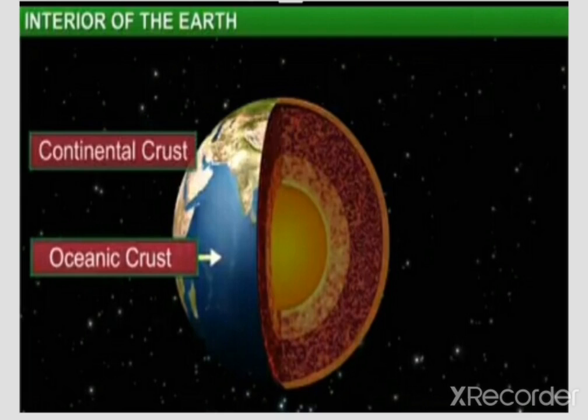Is that clear everyone? Now, I already told you when we discussed the origin of the earth, how the earth originated, that as we move from the surface of the earth towards the interior, the temperature of the earth increases. As we move to the center of the earth, the temperature is around 5500 degrees Celsius to 6000 degrees Celsius.